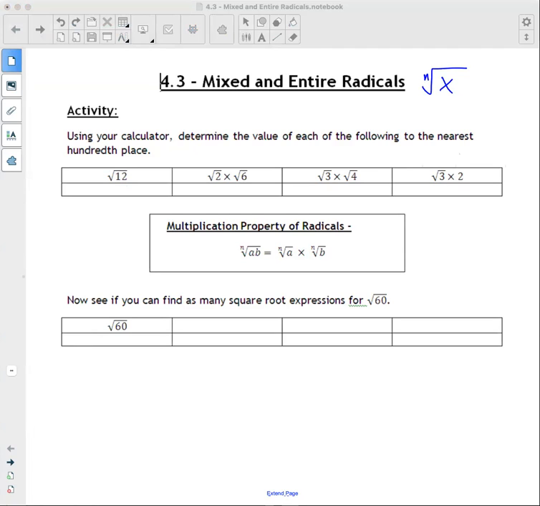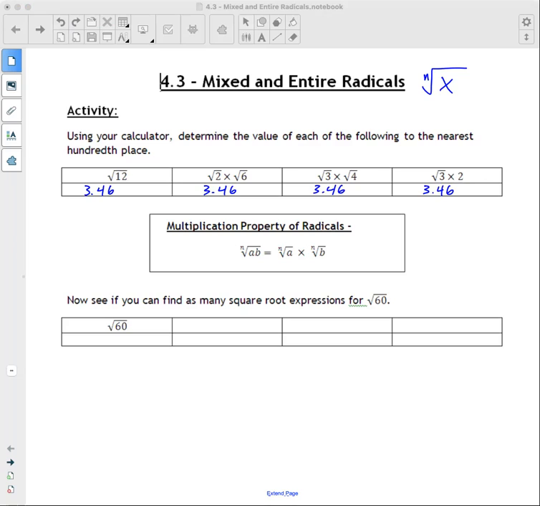If we put these into our calculator, we will get 3.46 for all of these values. This is proof of the multiplication property of radicals, that the product of the radicand is equal to the product of two factors of that radicand.